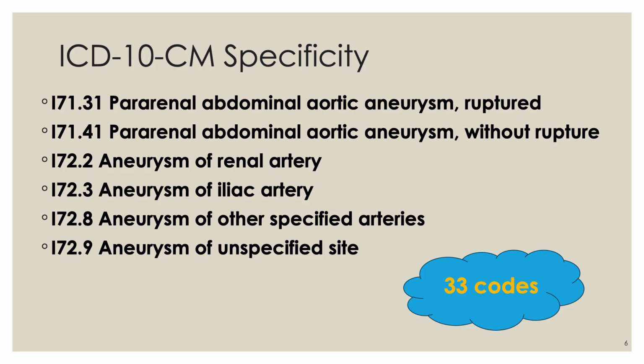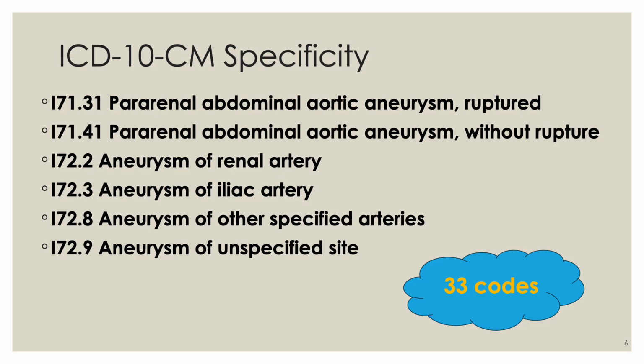So you need the anatomical site of the aneurysm. And if it's an aortic aneurysm, they want to know if it's documented as ruptured or not ruptured. Now, I will tell you, if the aneurysm has ruptured, this patient is in emergency surgery before you even see this case, okay?